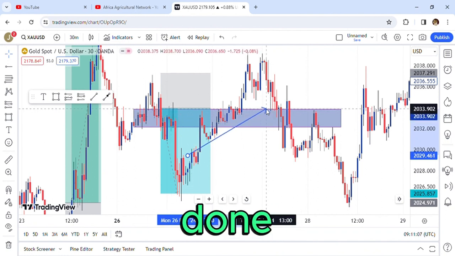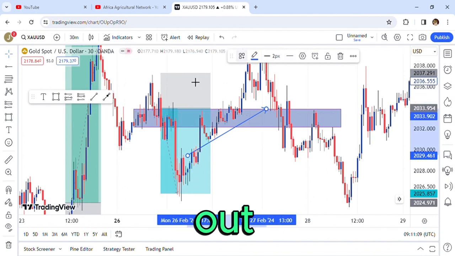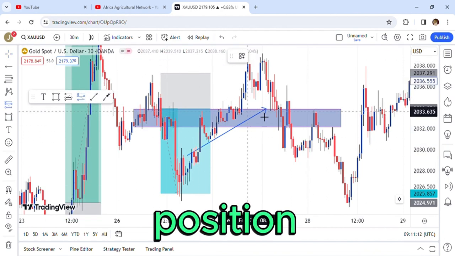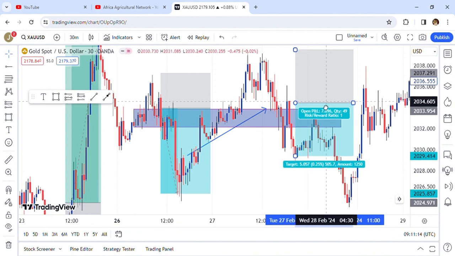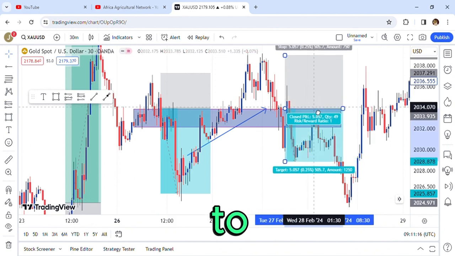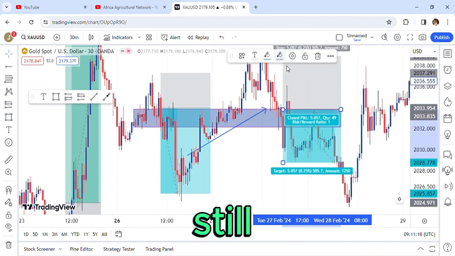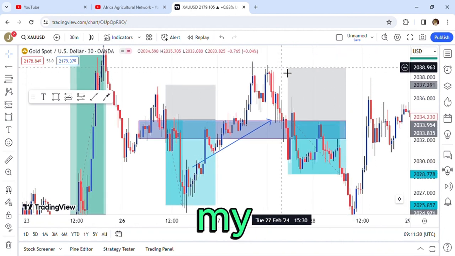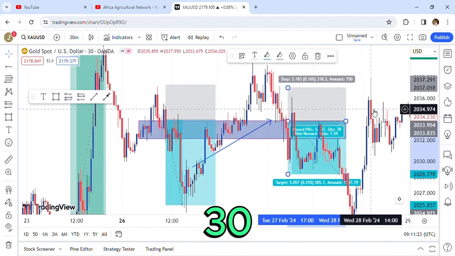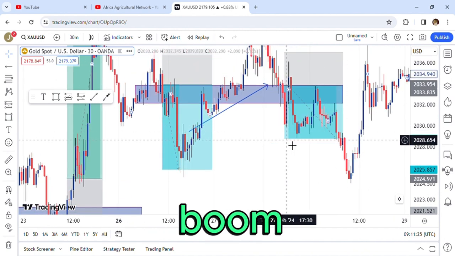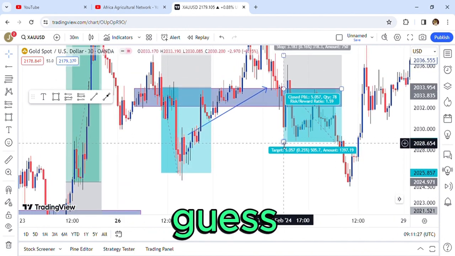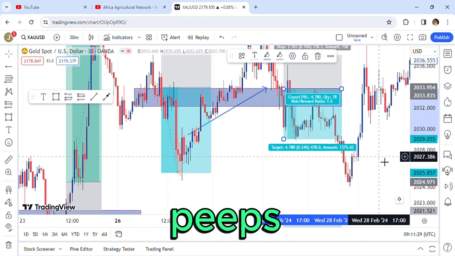So what I would have done, I pulled out my short position indicator, waited for this candlestick to close, set my orders, close with 30, and boom, guess what, 46 pips.